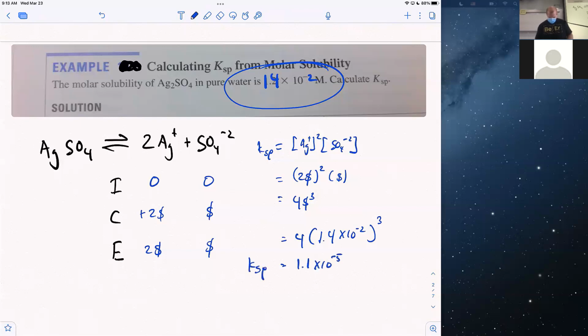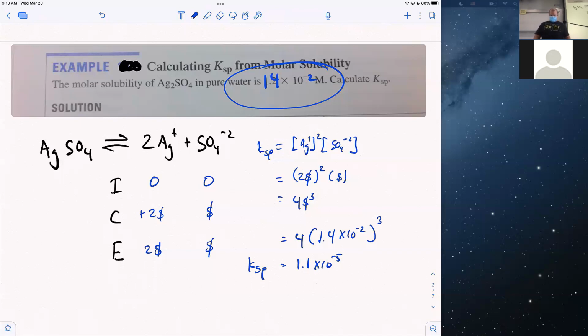So KSP. Looking at this problem, the previous problem we had solubility product constant, and from that calculated molar solubility. This time we have molar solubility and we calculate solubility product constant. So similar setup, but different answer of sorts. So just going through the process of the ice initial change equilibrium.